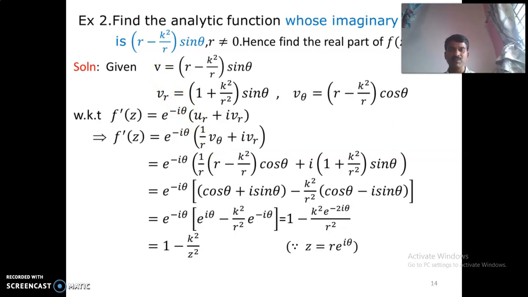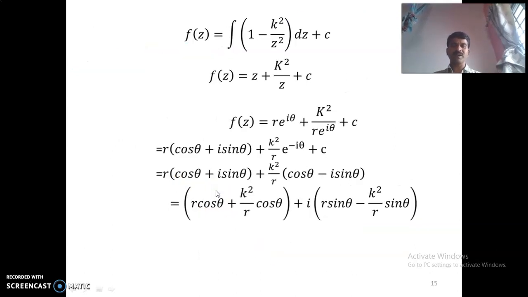Substitute those v_theta and v_r, and finally simplify by separating the real and imaginary parts, so that we get minus 1 minus k square by z square. Just integrate with respect to z here, so that ultimately this relation becomes the analytic function.